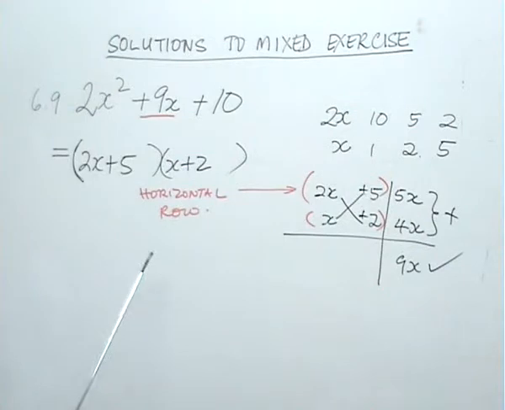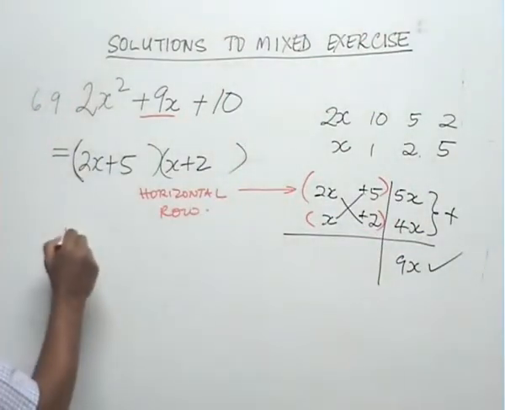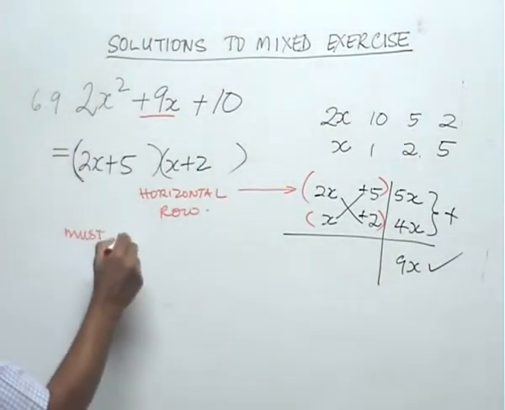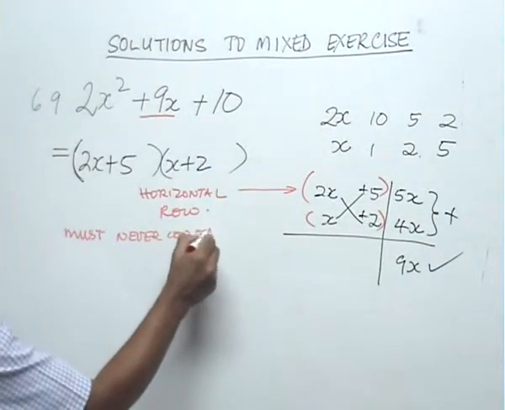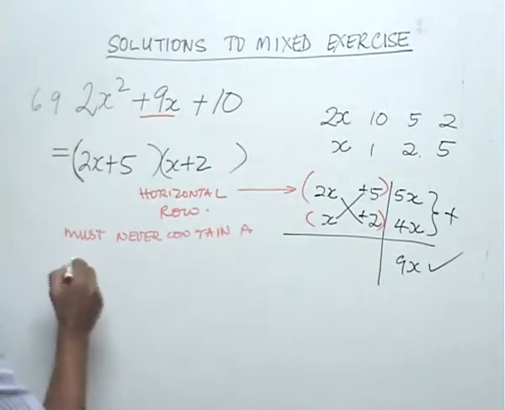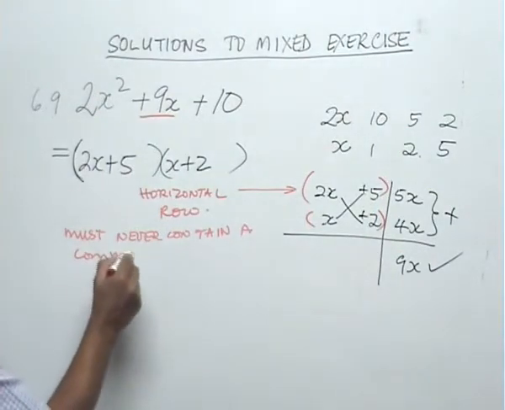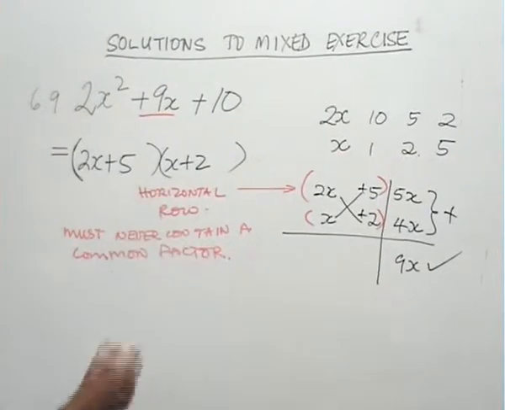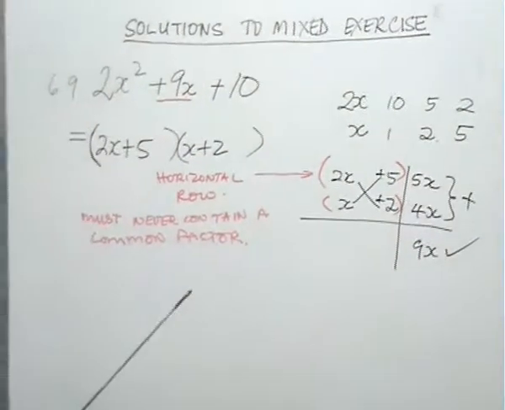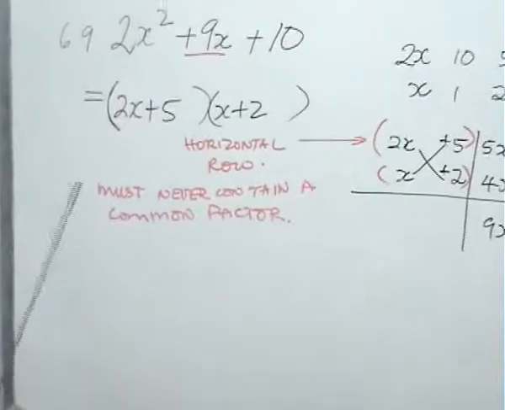It does not have a common factor. So the horizontal row must never contain a common factor. It's a very useful statement and it helps you to get the combinations quickly, you see.